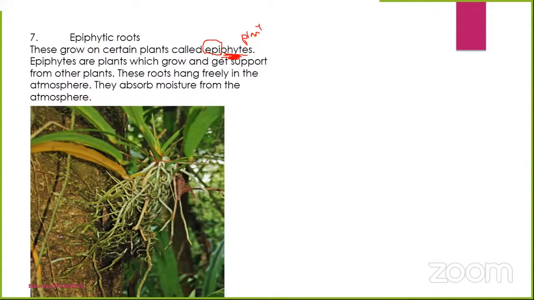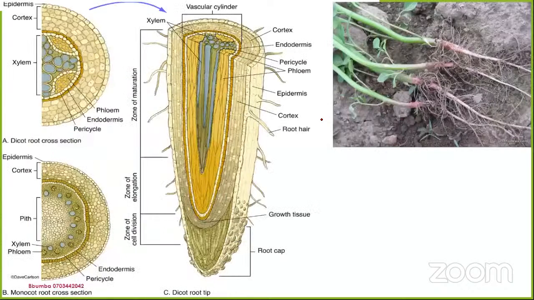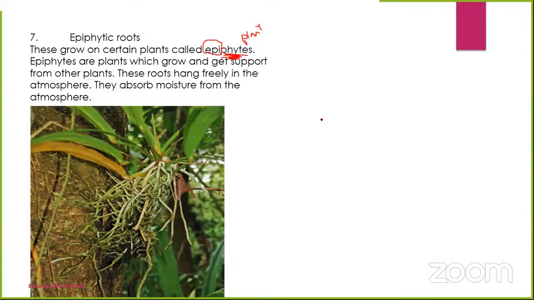Normally you find a tree, and on top of the tree there is a plant growing on it, which is not part of that tree. Those are called epiphytes. The roots that support them and enable them to absorb moisture so that they can get hydrated are called epiphytic roots.